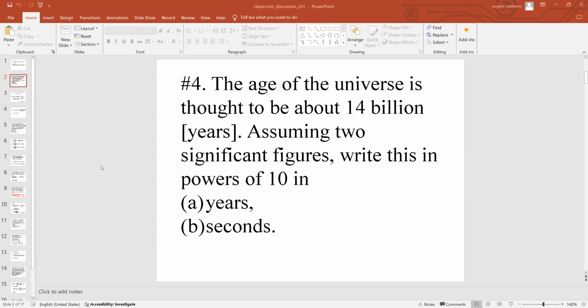First of all, forget years. Every time you want to do real calculations, you have to convert to seconds. It's only seconds. But before seconds, you want to go from 14 billion to a scientific notation for years.